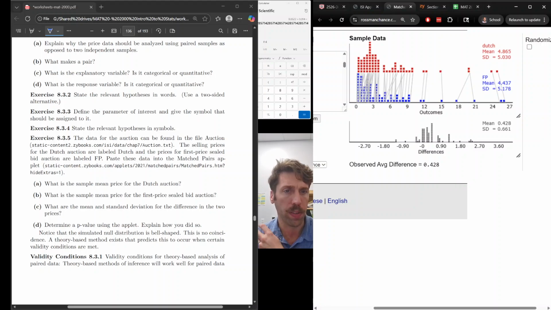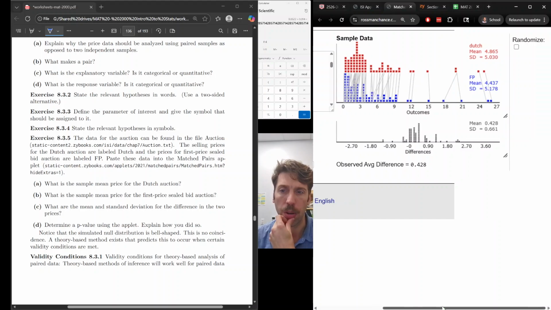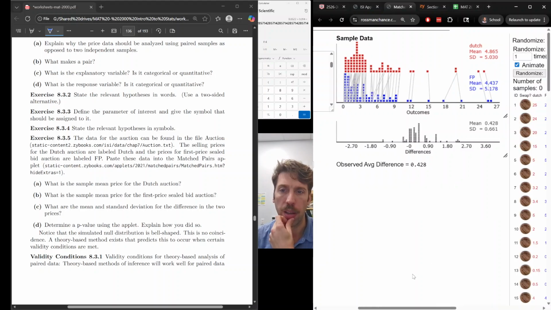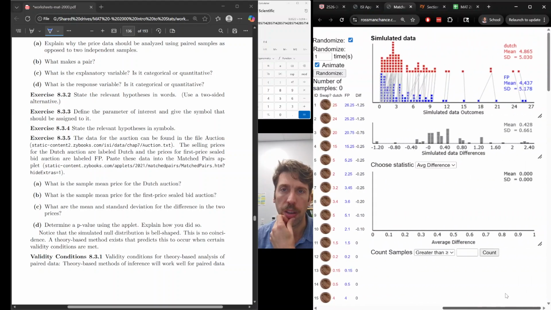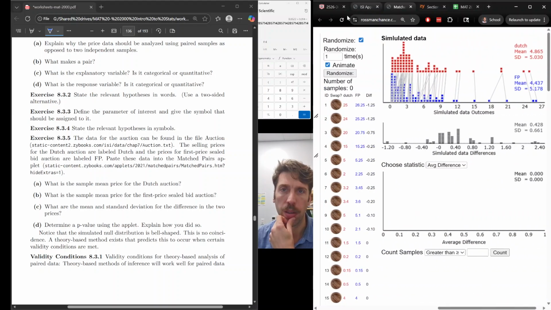And then determine a p-value using the applet. Explain how you did so. Let's find the p-value then. So we'll randomize. You can do 1,000 times. I'm going to do 10,000 times because I know that my computer can handle it.